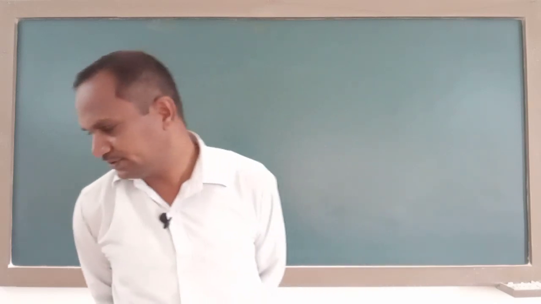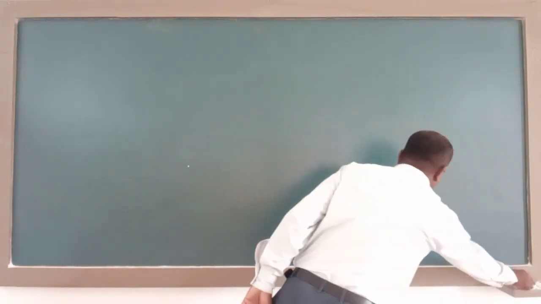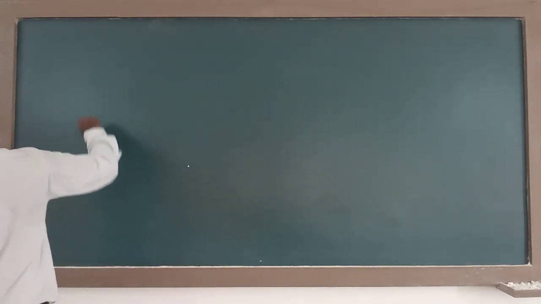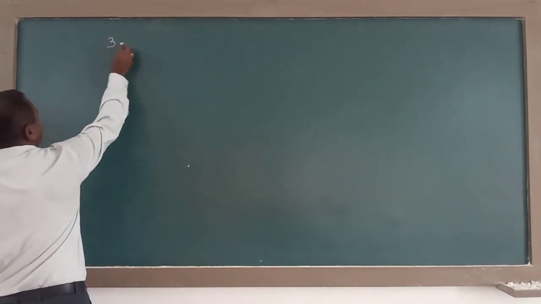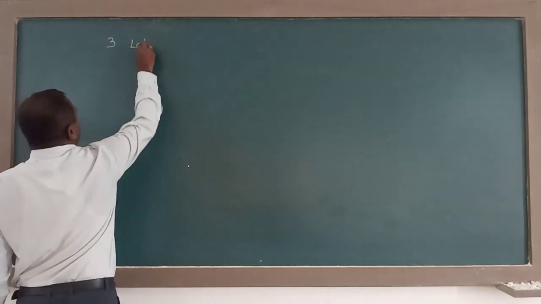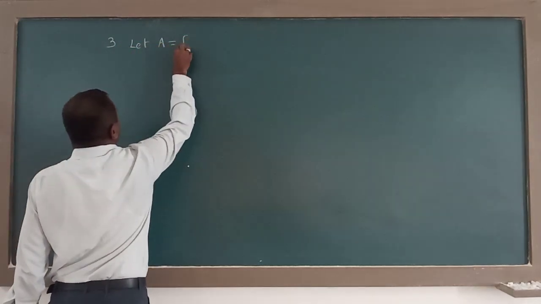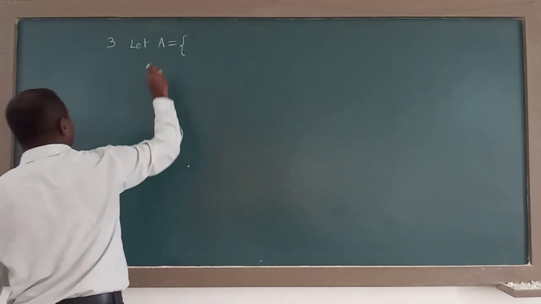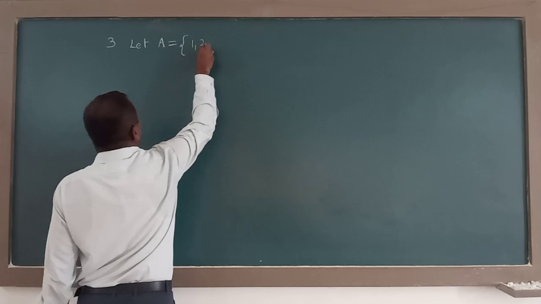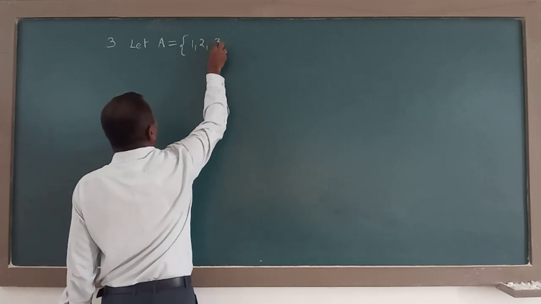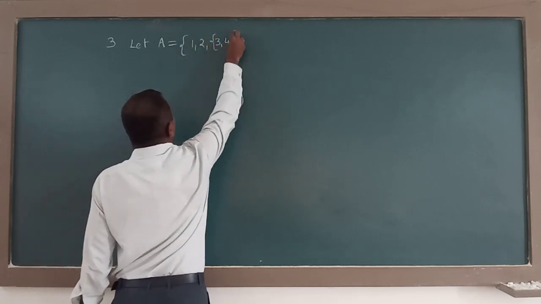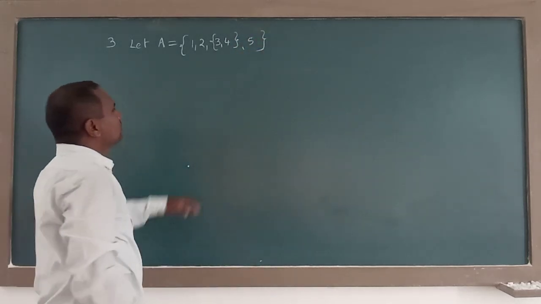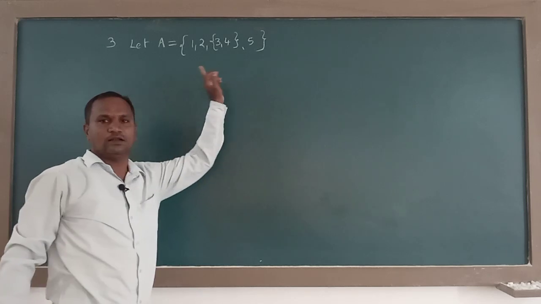That is the first question. Main question number 3 here. Let A is equal to {1, 2, {3, 4}, 5}. Here {3, 4} is total one element.